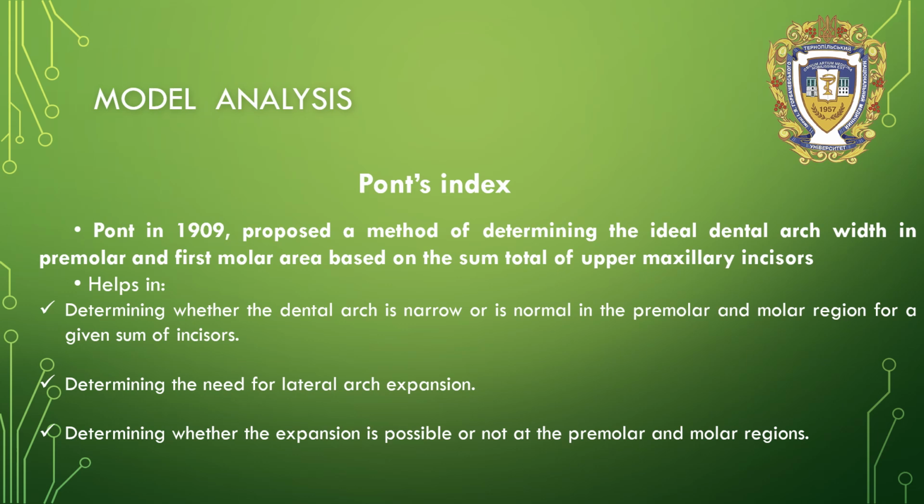This index helps in determining whether the dental arch is narrow or normal in the premolar and molar region for a given sum of incisors. Determining the need for lateral arch expansion, and determining whether the expansion is possible or not at the premolar and molar regions.